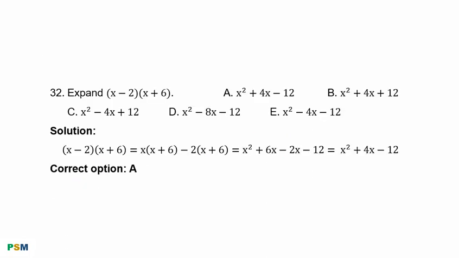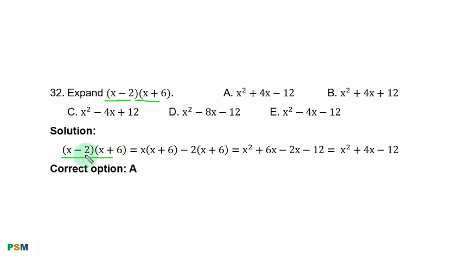Question 32. Expand (s minus 2)(s plus 6). Solution. You have the given expression. To expand, you use all the terms in one of the brackets to multiply the other bracket.